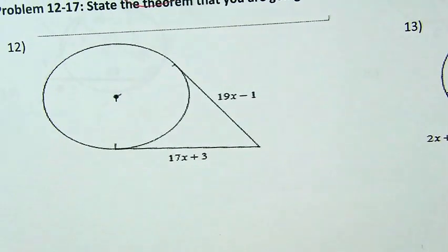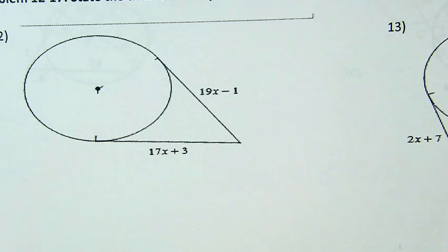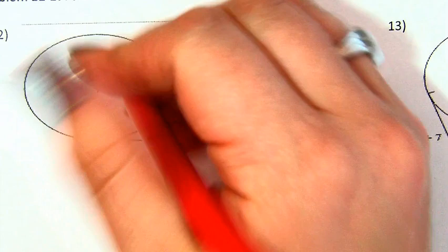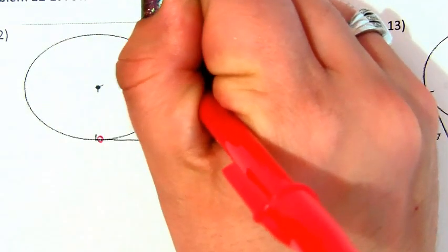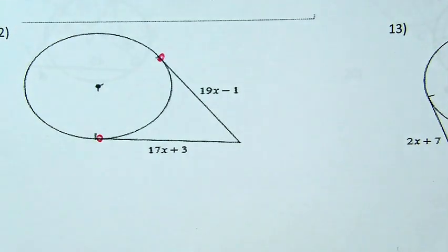12 to 17 says, state the theorem that you're going to use to solve for the line segments. So in this picture here, I have two tangent lines. The theorem that we're going to want to use is the secant tangent product theorem, or the secant tangent exterior angle measure theorem.